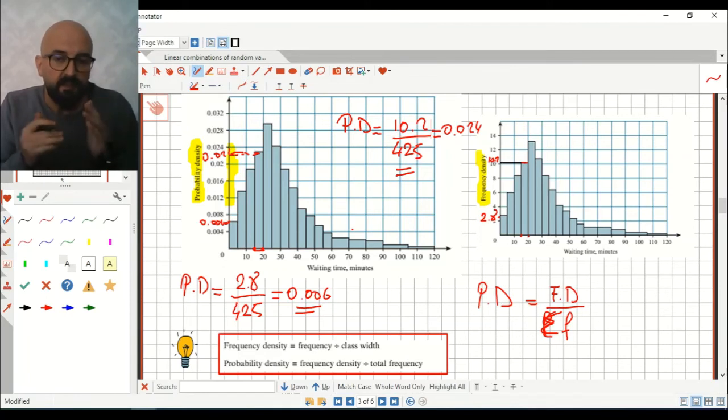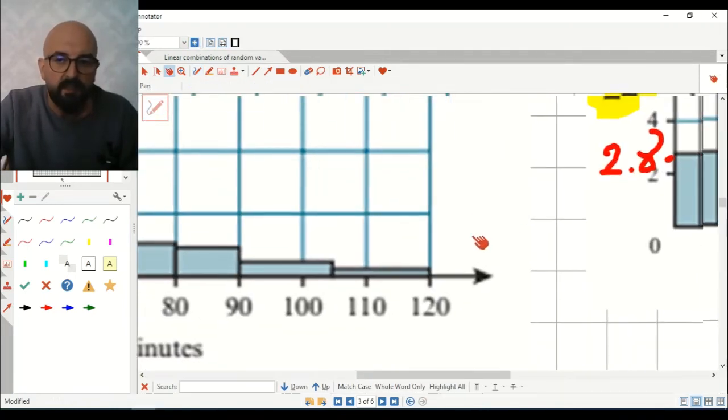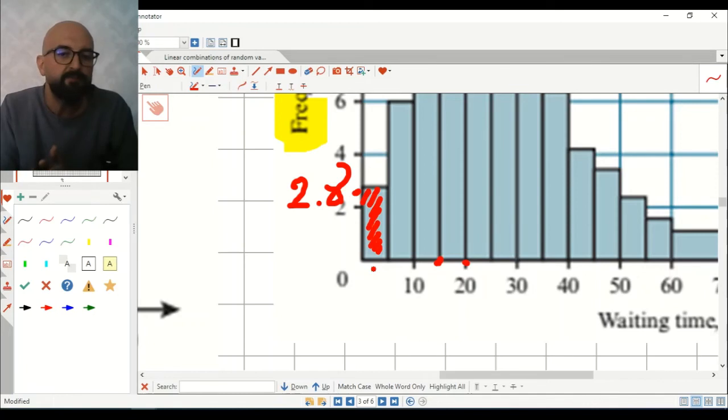If you think in reverse, if you find the column area, for example, for the first column, you can find the frequency. This column is a rectangle, so this distance is 5, and this distance is 2.8.